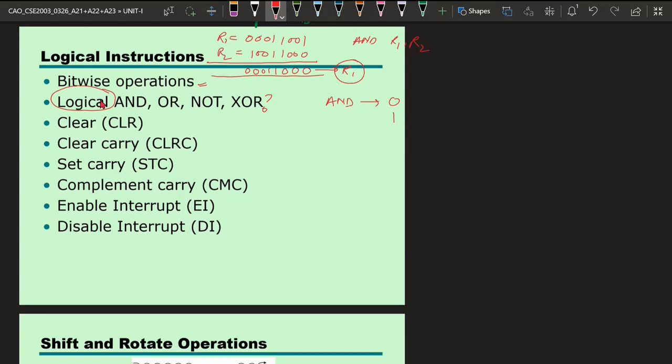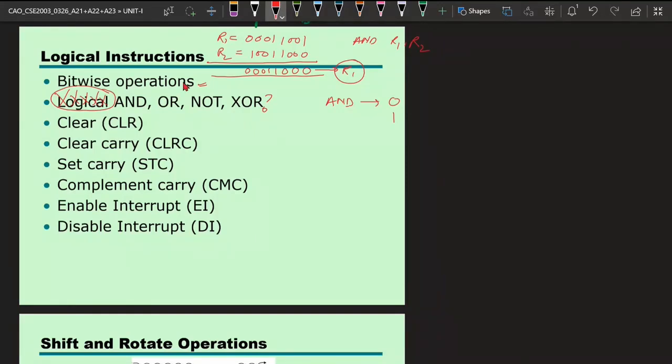So in case of bitwise operations, if it is 8-bit data, then its result will also be 8-bit data. But in case of logical operations, whatever operation we perform will give either 0 output or 1 output. So this type of logical operation is basically not performed.